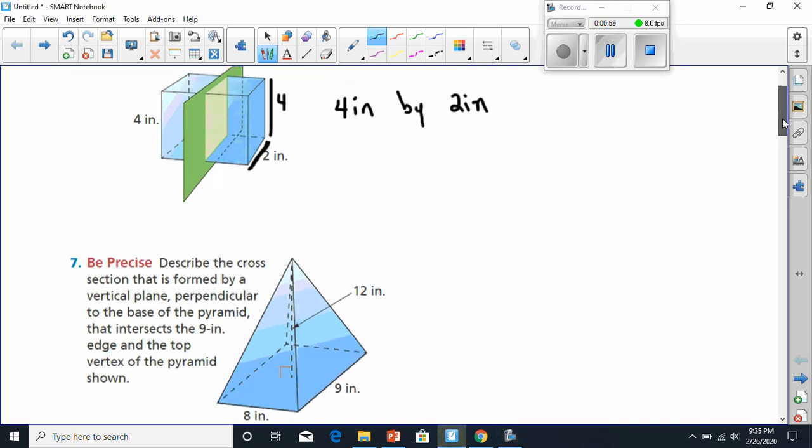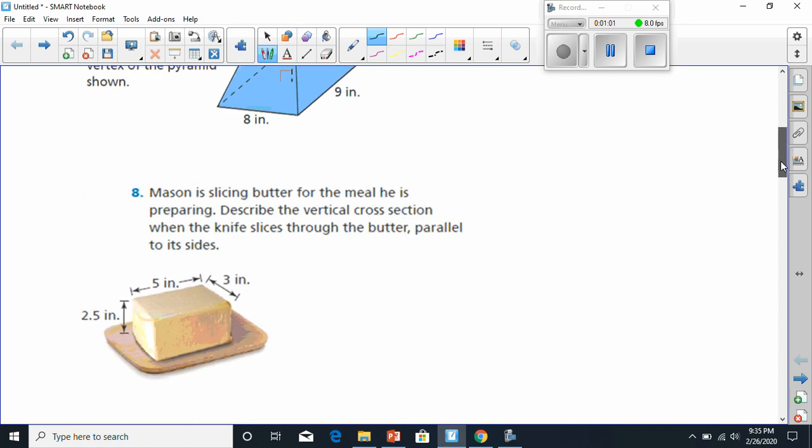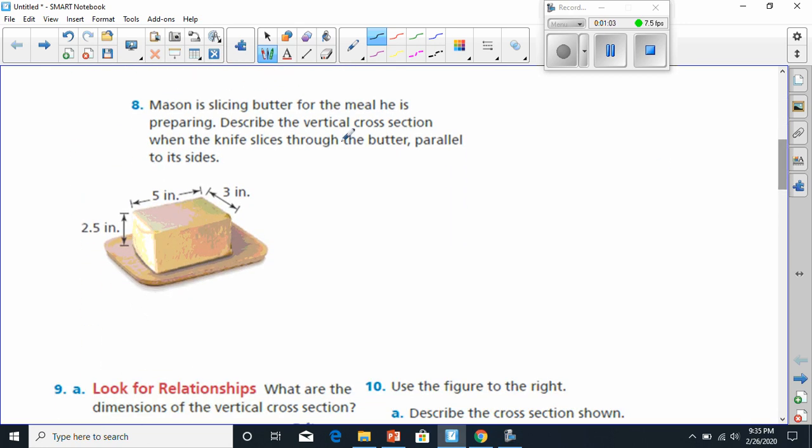All right, I'm going to scroll down here past 7. That one's yours. I got number 8. It says Mason is slicing butter for the meal he is preparing. Describe the vertical cross section when the knife slices through the butter parallel to its sides. Well, it says it's parallel to its sides.